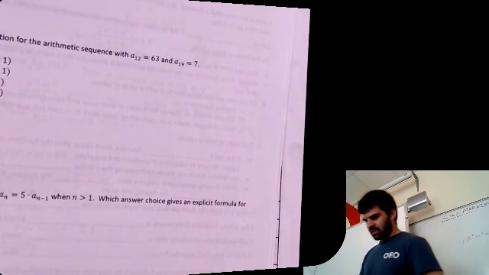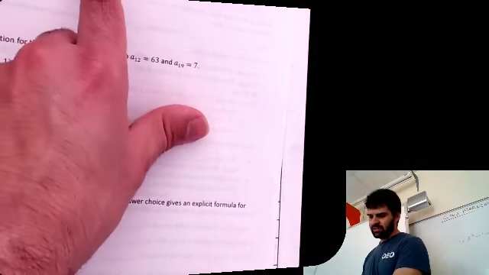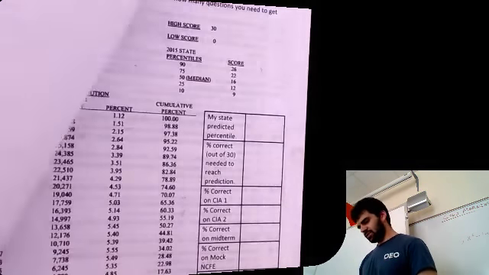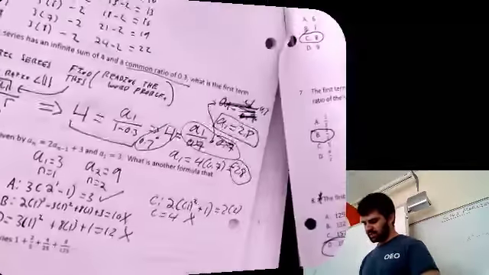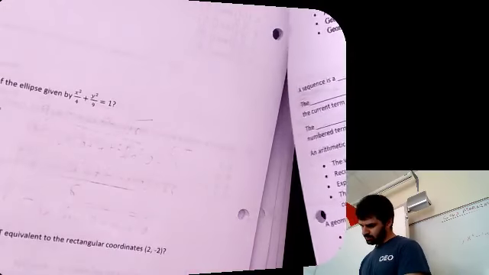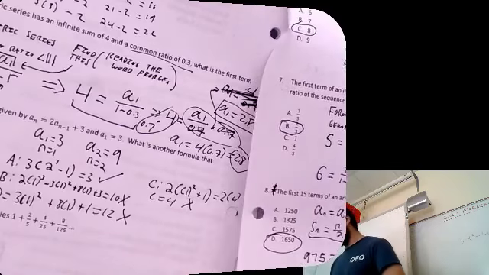So each time we increase by 3 seats, so let's use our formulas for arithmetic and geometric sequences, because this is an arithmetic sequence.